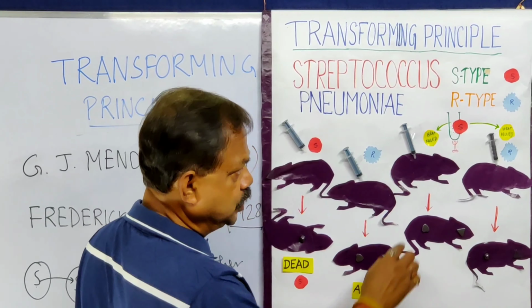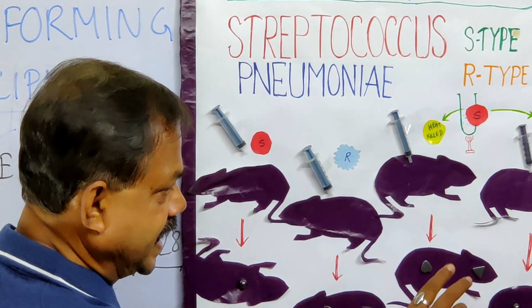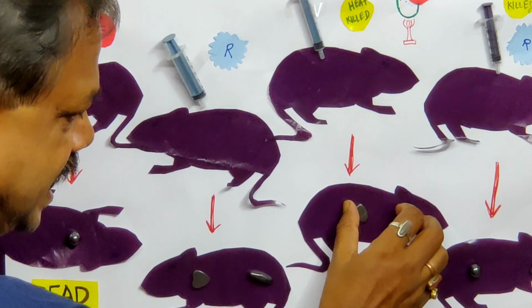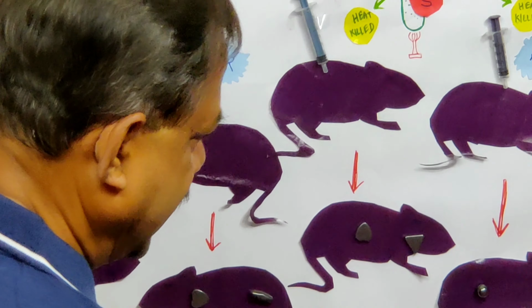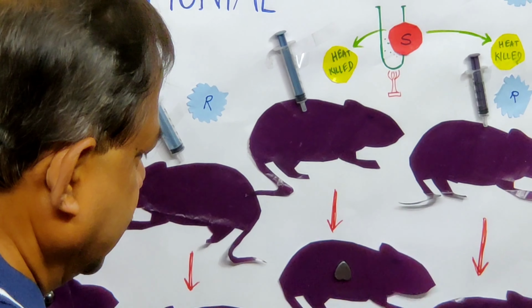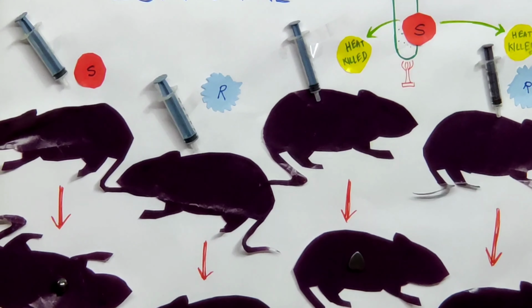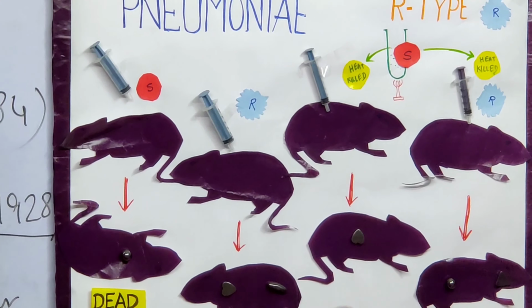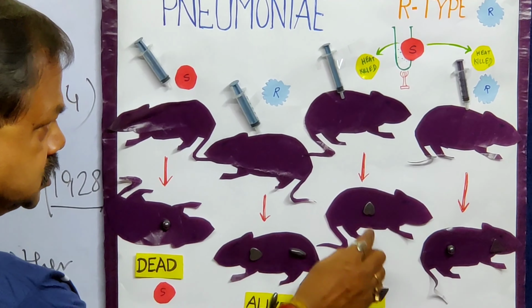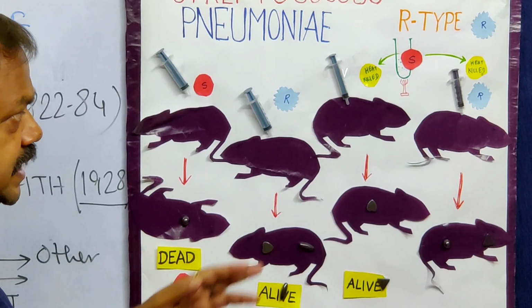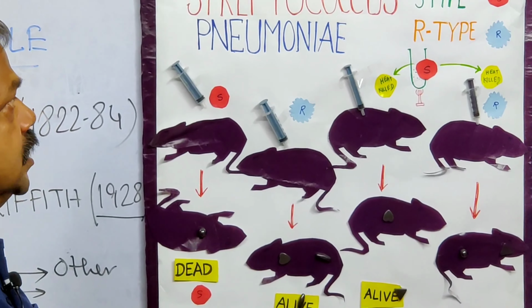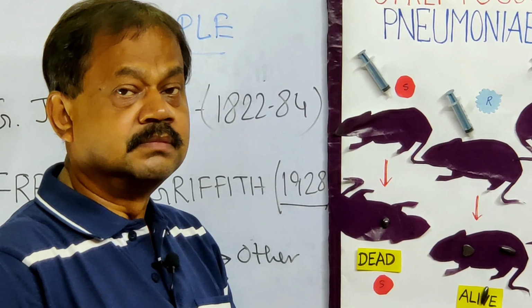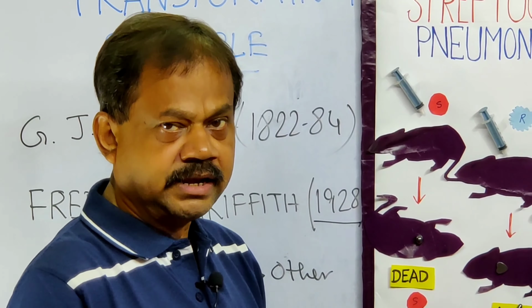It is injected into the mouse, and see, this remains alive. It is not dead. In the third case we are seeing it remains alive because it is heat killed. So this S-type Streptococcus pneumoniae becomes avirulent due to heat.